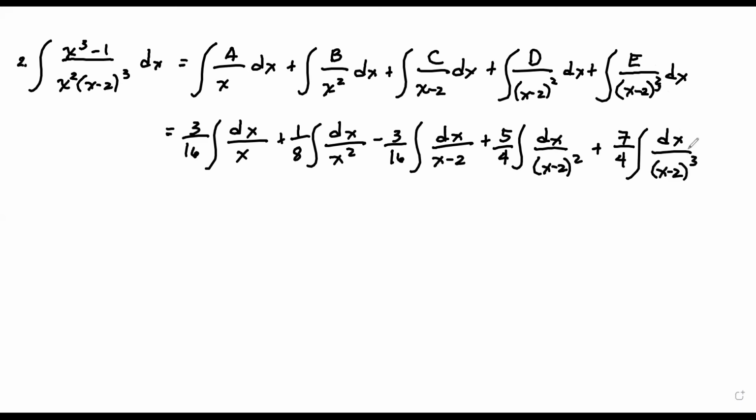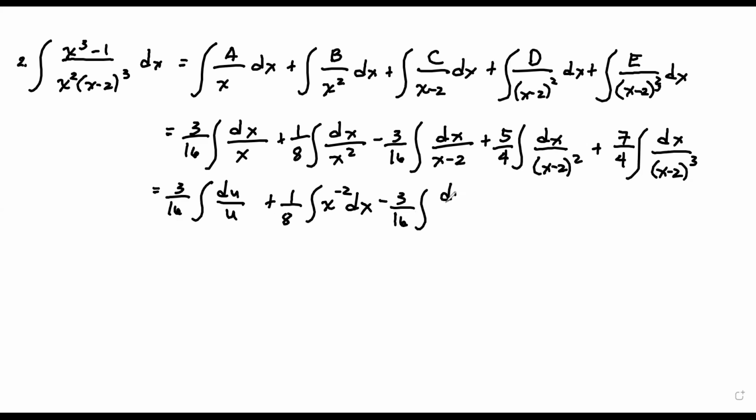Okay, now let's integrate. This is also equal to 3 over 16 du over u plus 1/8 integral of x raised to negative 2 dx minus 3 over 16 du over u. Our u is x minus 2.